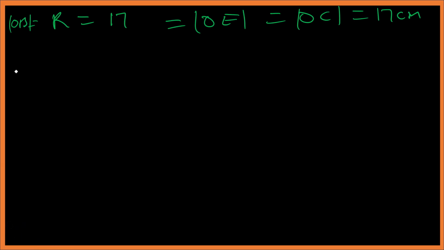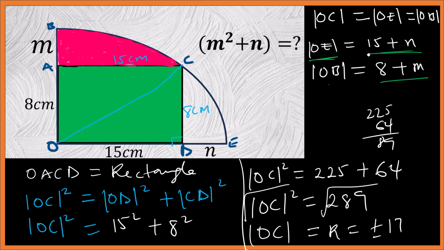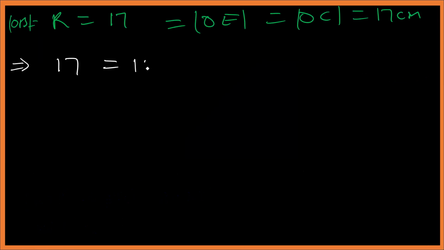Now from here, 17 is the same as, so the first equation is 15 plus N. Therefore, N is 17 minus 15, which is 2.